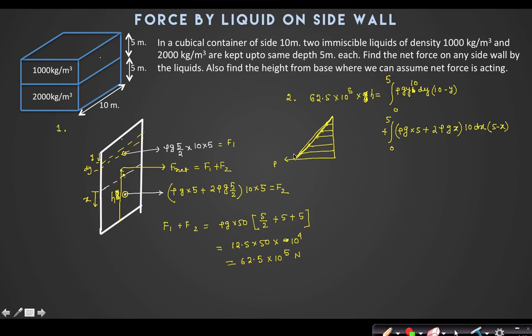So if I ask from where the net pressure is acting, you should not answer with the area of the rectangle, but from the triangle. It is acting at the center of this triangle, where this height is h by 3. It is not h by 2.